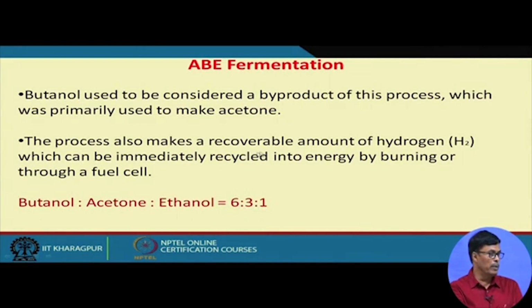The process also allows recovery of hydrogen, because it has three different phases. One is the acid formation phase, another is the solvent formation phase, what we call solventogenesis, and again it produces the acid. So it has three different phases.